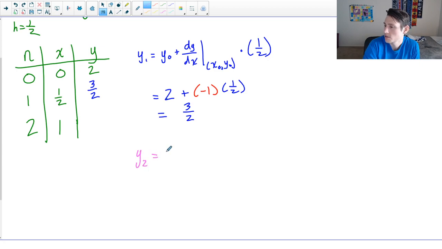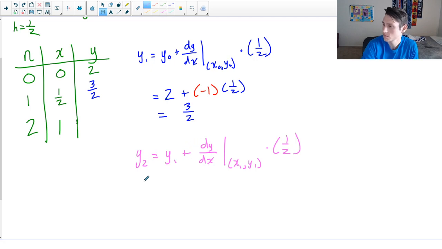Now let's figure out y2. So that would just be y1 plus dy dx evaluated at x1, y1 times the step size, which is 1/2. y1 is 3/2 plus dy dx at x1, y1, so at 1/2, 3/2.